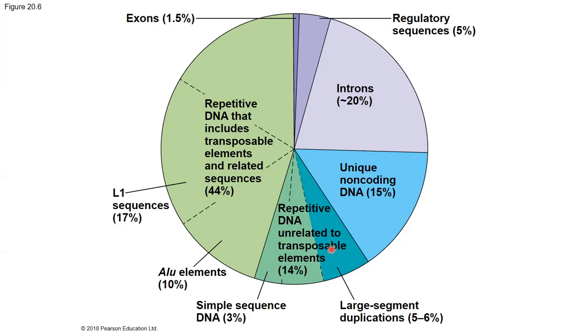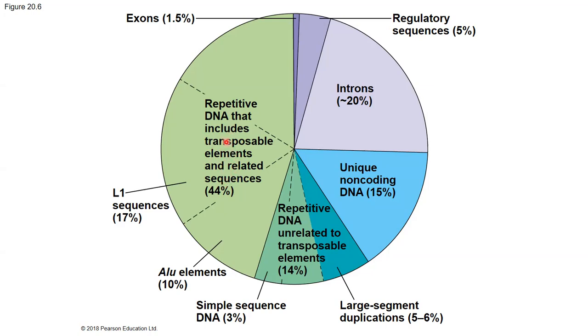Now, these repetitive sequences, 70%... sorry, 4% of the genome consists of repetitive DNA that consists of transposable elements, transposons, and their sequences.